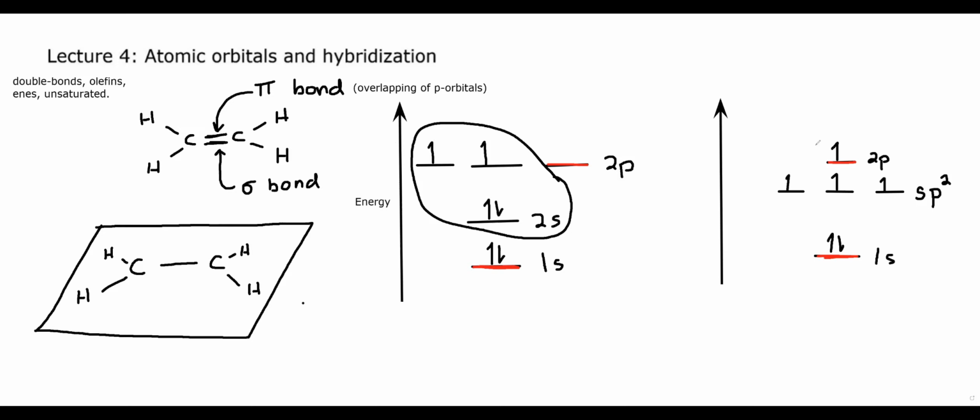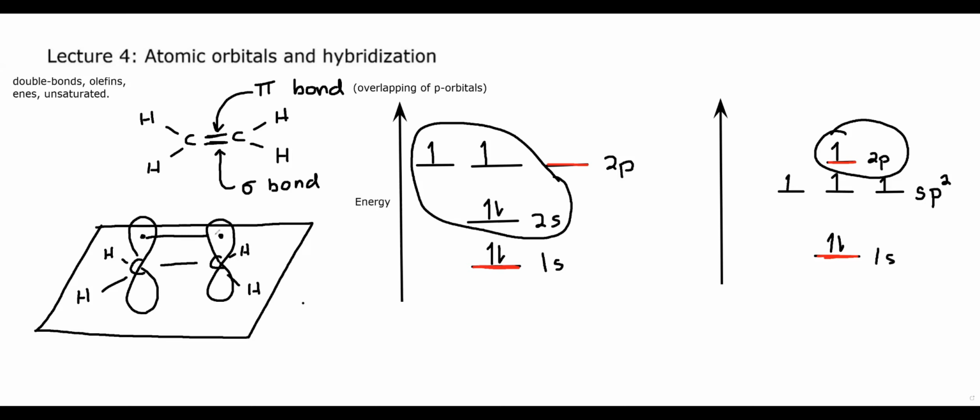Let's look back at our electron diagram. We have this 2p electron right here. This is the electron in the p orbital that's making that pi bond. So let's draw this p orbital here. We have an electron up here in the 2p. Likewise, we have an electron here in the 2p, and they are making a bond together.